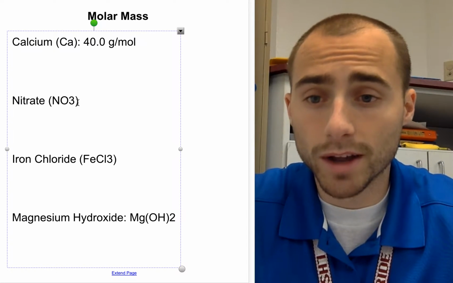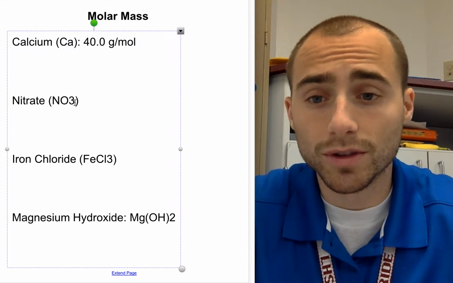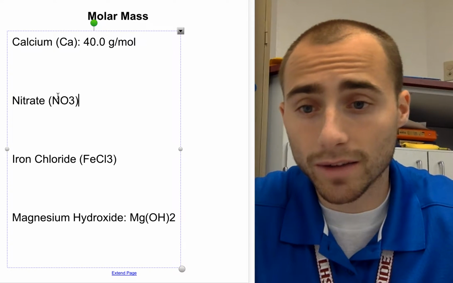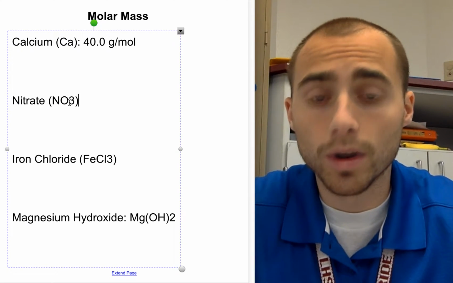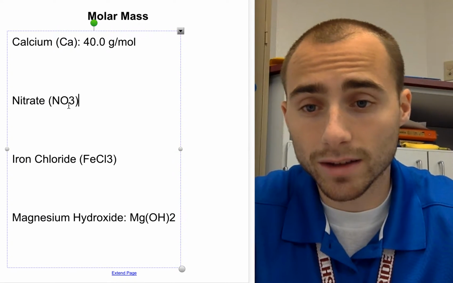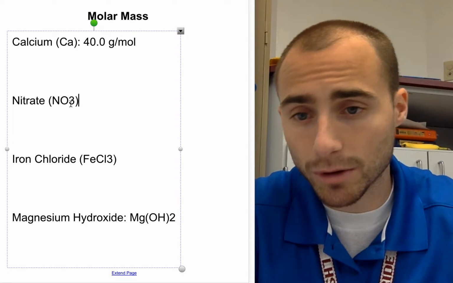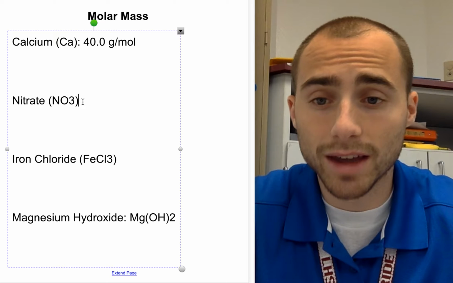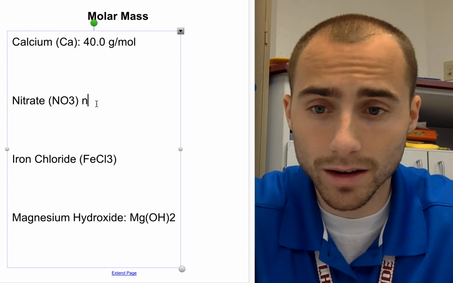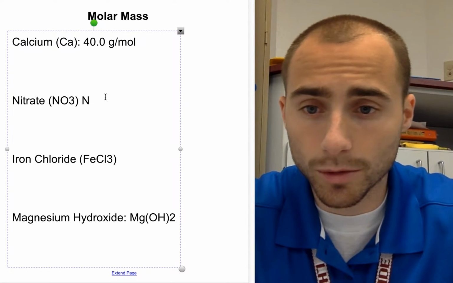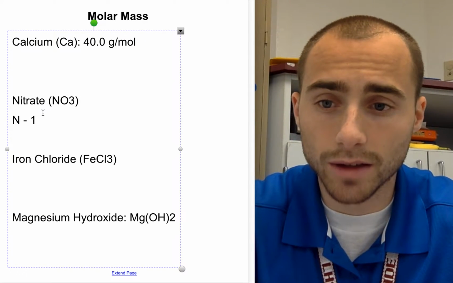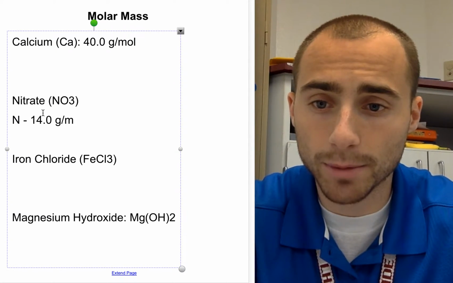If it's more than one element, like here we have NO3, which is nitrate, you have to add together the molar masses of N and O. But you also need to pay attention to any subscripts. This would typically be a subscript, a small 3 down here. So N's molar mass, nitrogen, is 14.0 grams per mole.